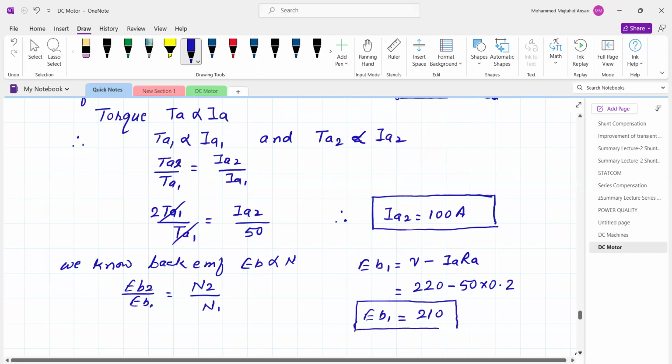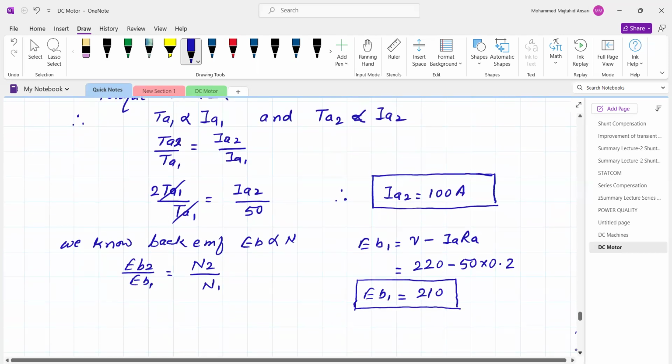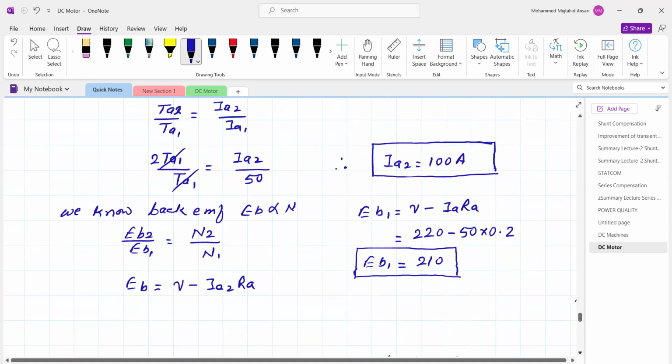Now calculate EB2: EB2 is equal to V minus IA2 into RA, which is 220 minus 100 into 0.2, equal to 200 volt.